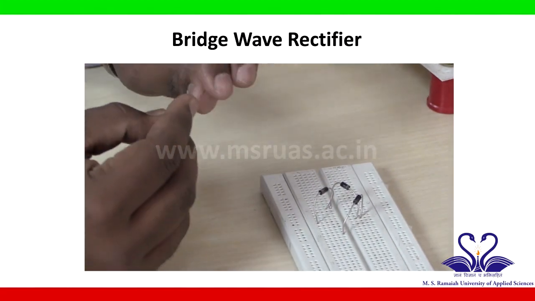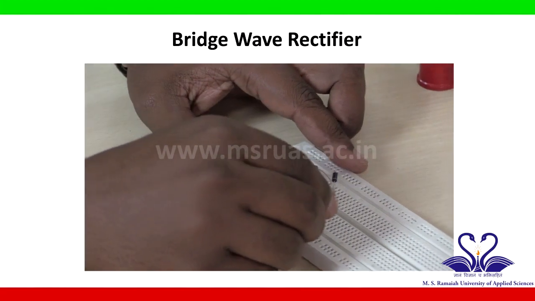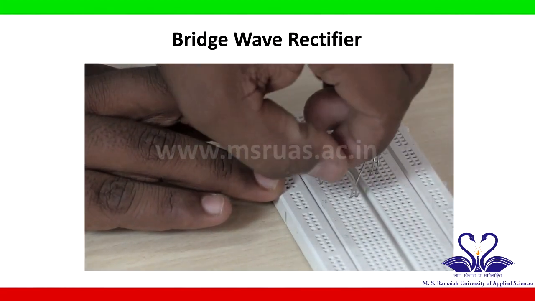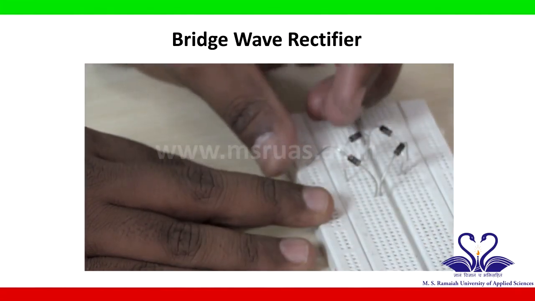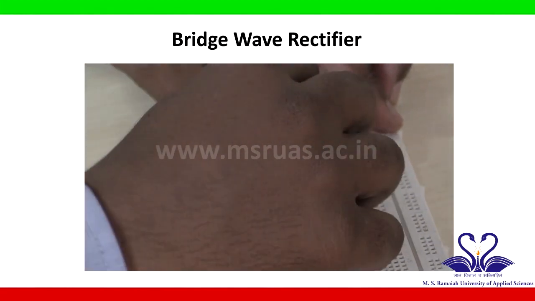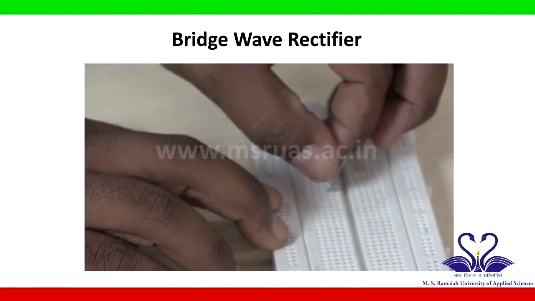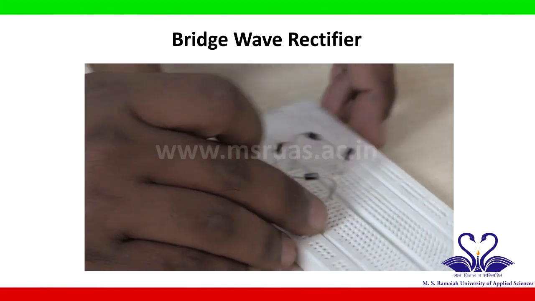The diode 4 N side is connected to the diode 2 N side. So, we will connect it on the breadboard. Now, the diode 4 P side is connected to the N side of diode 3. Connect. So, now we have connected the diodes in a bridge form.